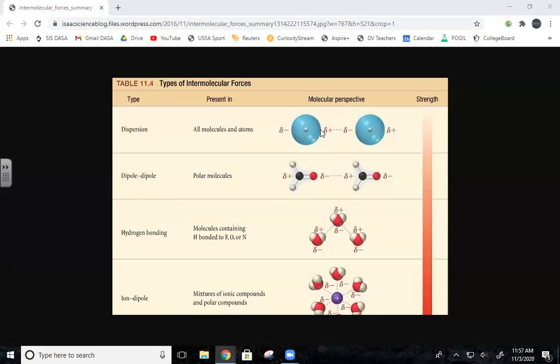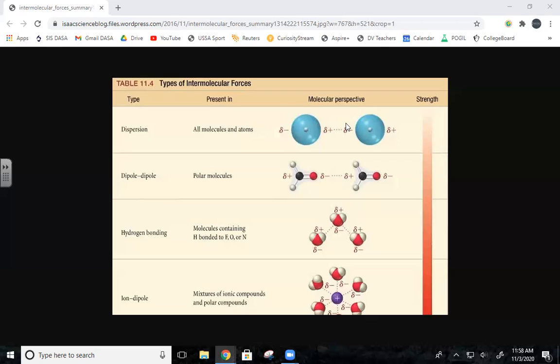Christian, does dispersion only apply to atoms, or does it also apply to compounds? These are molecules, but it can be an atom. For instance, if you look at neon, this is neon and this is neon, they're not going to bond together, but they will have this weak interaction between them because of the interaction between their electrons.